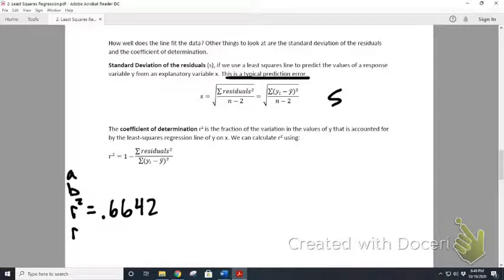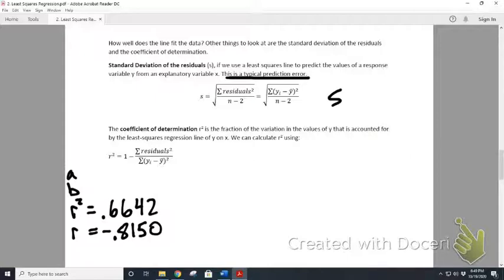Yes, it is the square of R. So I think on our problem R was negative 0.8150. So if you were to square negative 0.8150, you get 0.6642. I'm just typing to make sure. And yes, it is. So, if you're given R squared, you can square root it, and you have R.